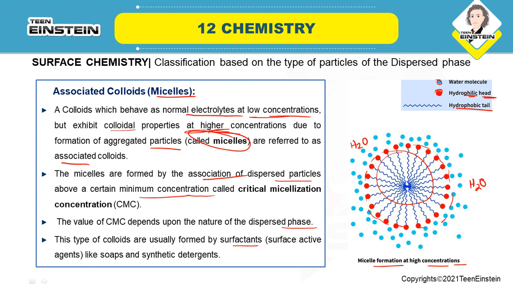We will go in detail for surfactants, but here simply it is mentioned that it is surface active agents, and surfactants are mainly soaps and synthetic detergents. Okay, now what is surfactants, what are the different characteristics, we will get to know in other slide.